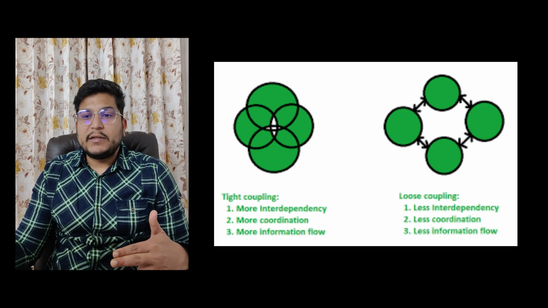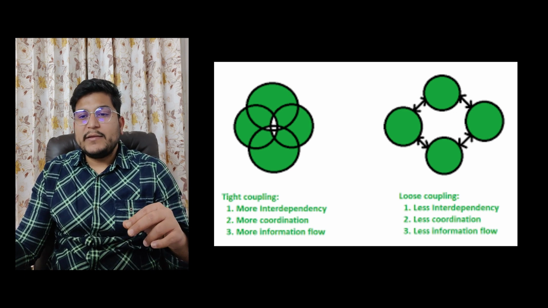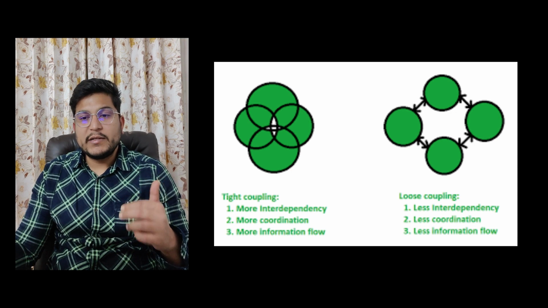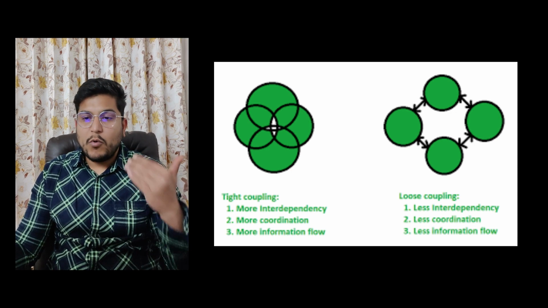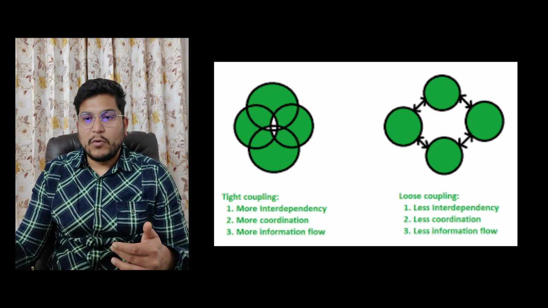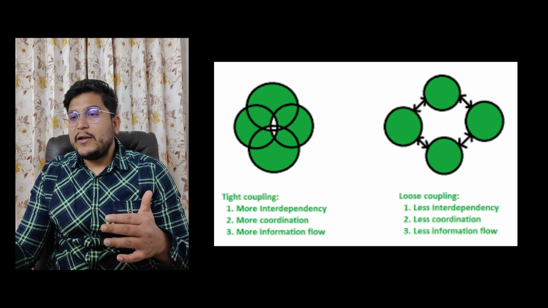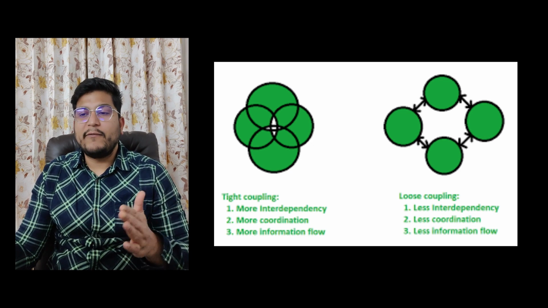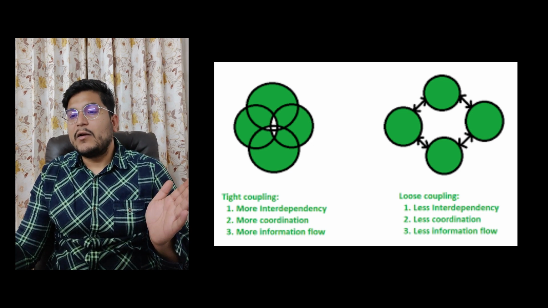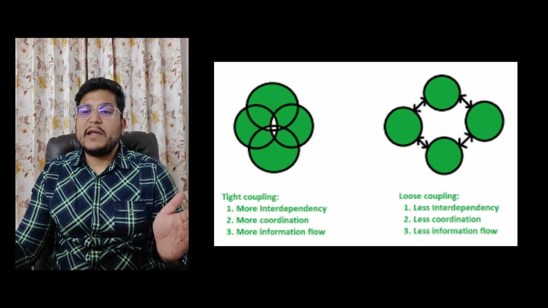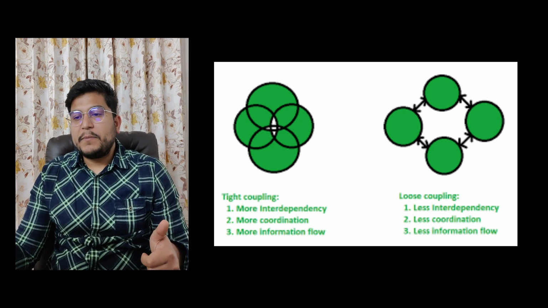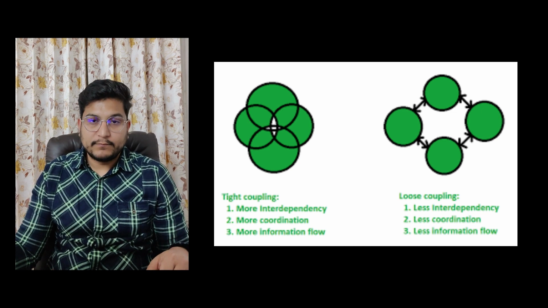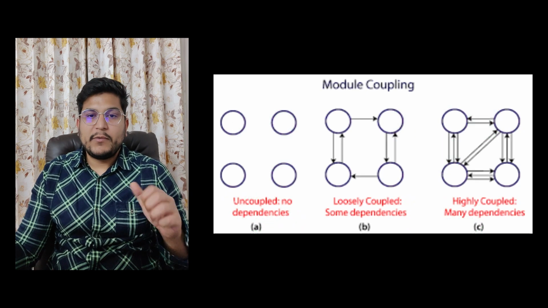It shows dependencies, a very tight coupling. So it shows more interdependencies, more coordination, more information flow, right? And on the right hand side, the circles are not overlapping; they are different, but there is an information flow. So it represents less interdependency, less coordination, and less information flow, right? So we are able to understand this.